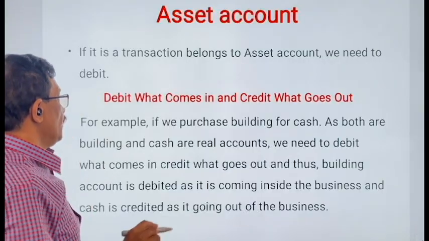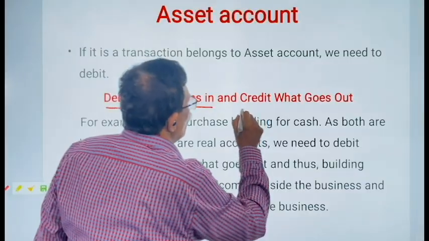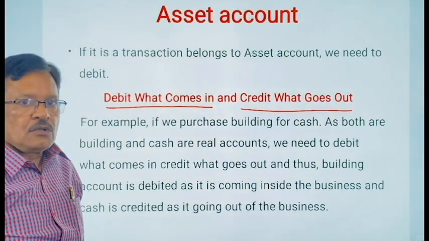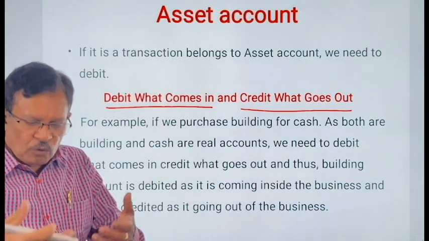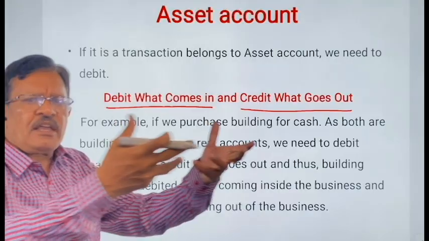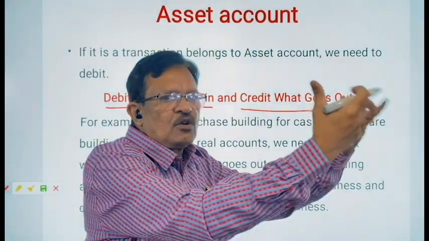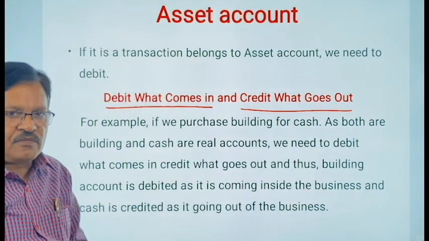Both are one and the same. So whenever an asset is purchased, that asset is coming in, so we debit it. Whenever we make a sale, that asset goes out, so we credit that account. This is as simple as that.